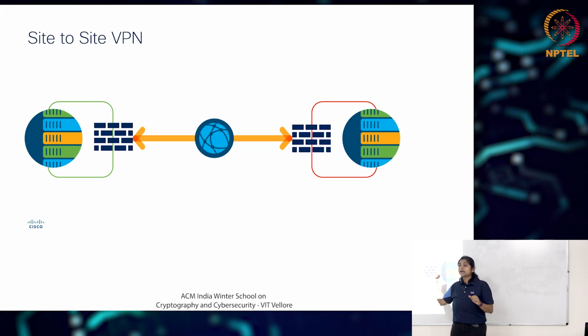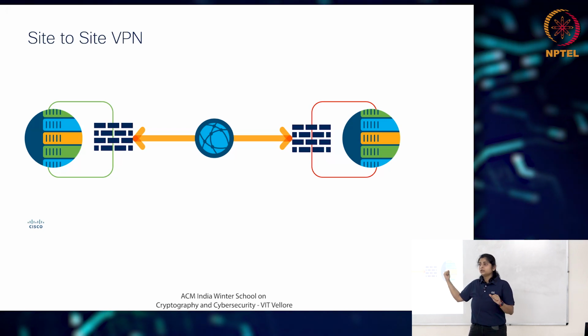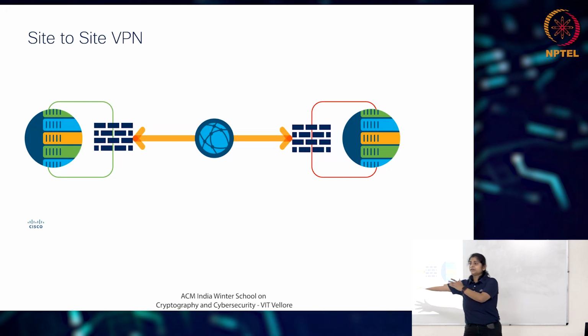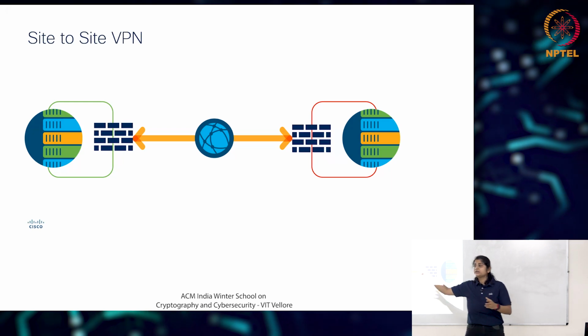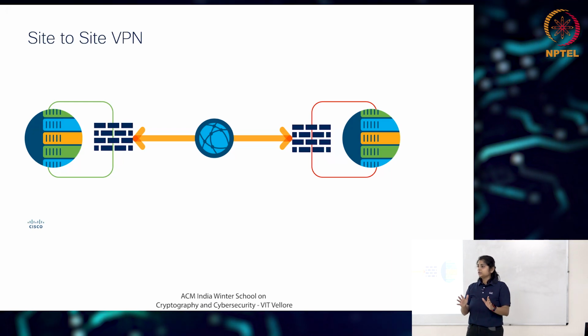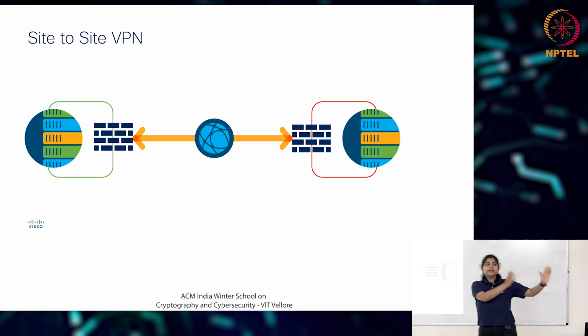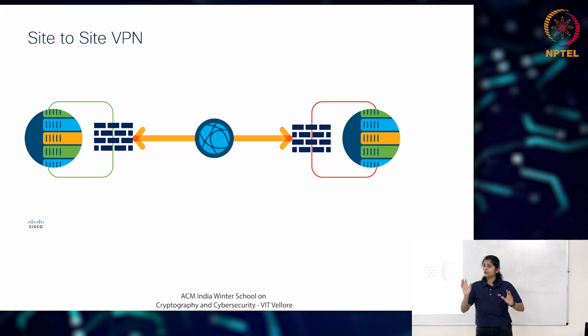This guy has to establish that he is a legitimate VPN device with whom that guy can talk. Amravati VIT can talk to Vellore VIT only if both of these devices are established VPN peers. We call them peers. So when we say site, peer, they're all synonyms, okay?